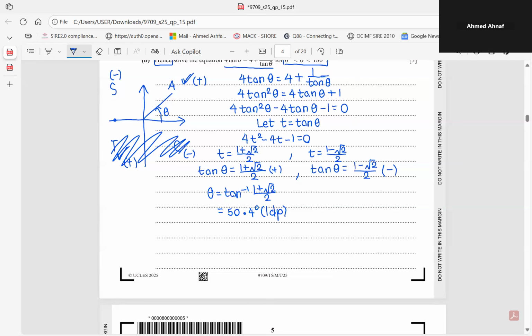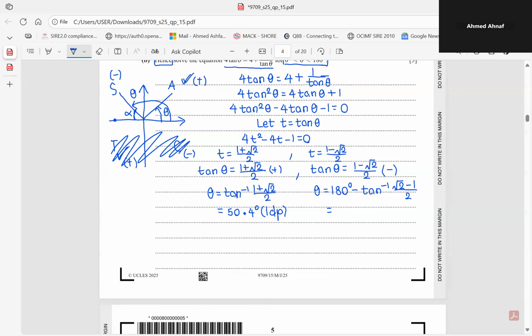Okay, and then for the second tangent value, since it's negative, it's going to lie in here, and the angle must be an obtuse angle, and this would be our basic angle in here. So to do this, take theta equals 180 minus the basic angle, which is tangent inverse of the absolute value of this. So that's just (square root 2 minus 1) over 2.